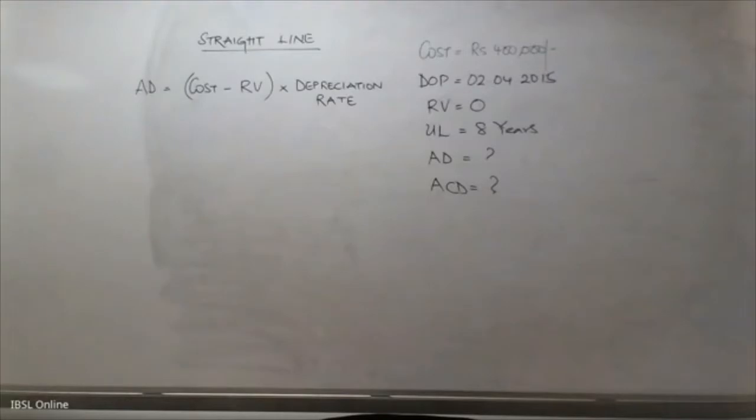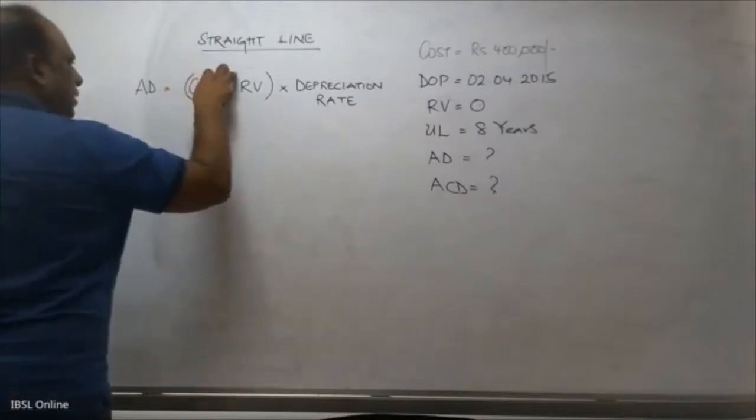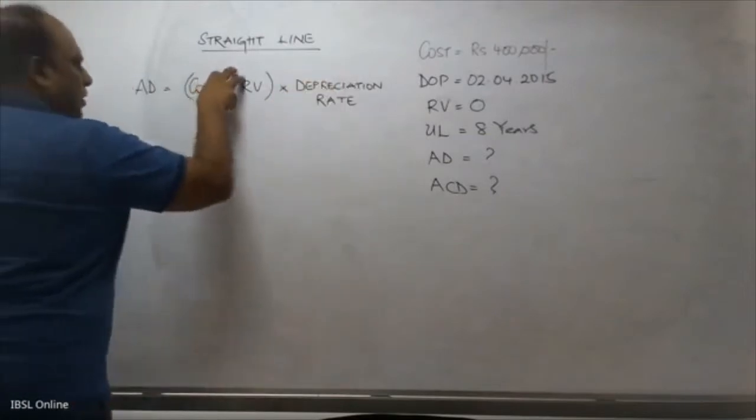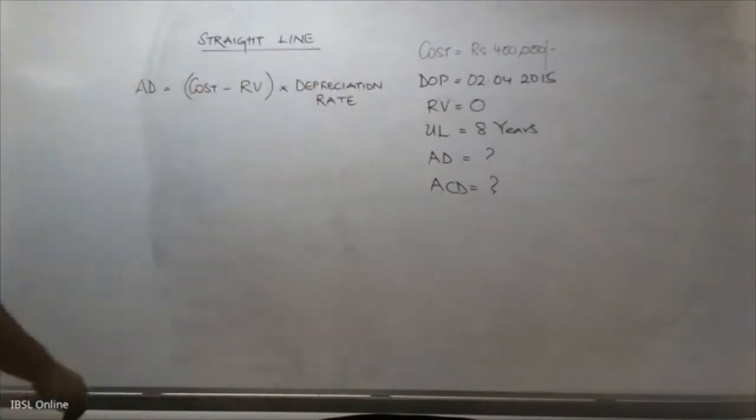Now, what does the definition for the straight line method say? It is the cost into a fixed percentage. So we are talking about the same thing. Whatever annual depreciation formula you have is the same as for the straight line method: cost into the fixed percentage.